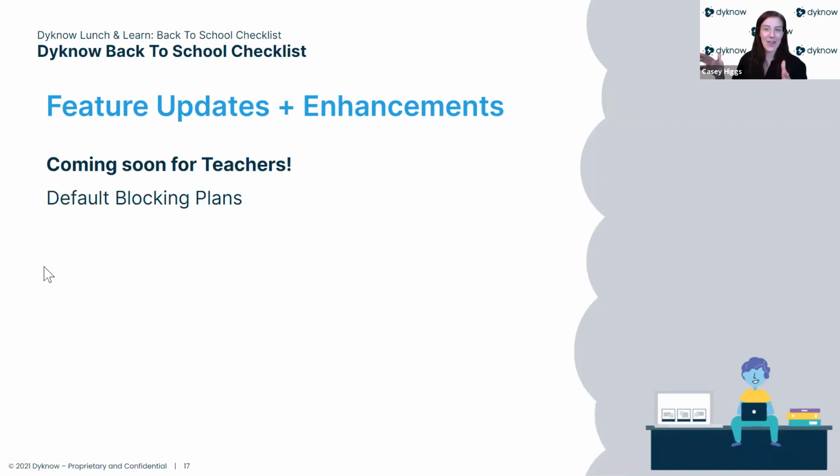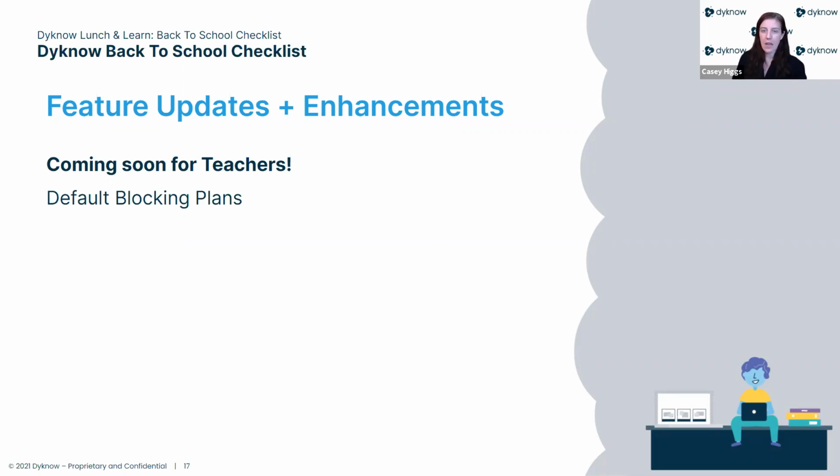In fact, next on the list is default blocking plans. So soon, teachers will be able to assign a blocking plan to any of their classes in Dyknow, and that default blocking plan will automatically enforce itself when class starts, which is really exciting. I mean, we already know that a ton of teachers use the same blocking plans for the same classes, right?